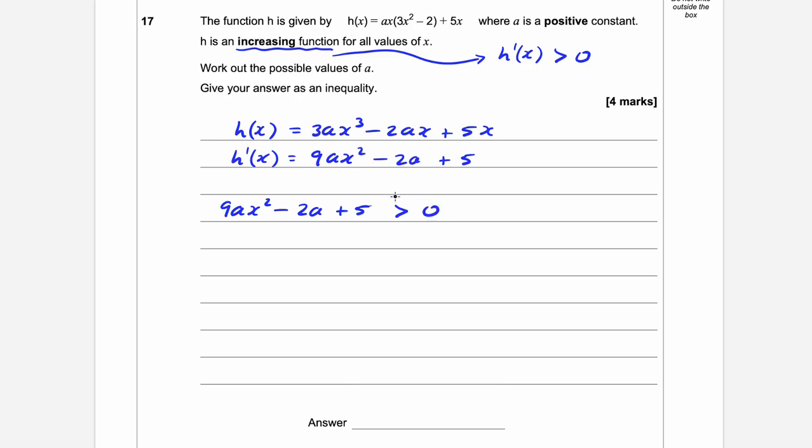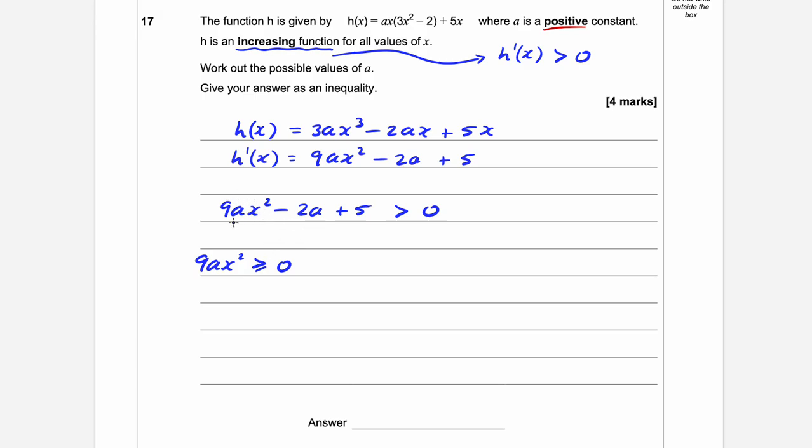Now this value here, guys, this 9ax squared, because a is positive and x squared is positive, this thing will always be greater than or equal to 0.